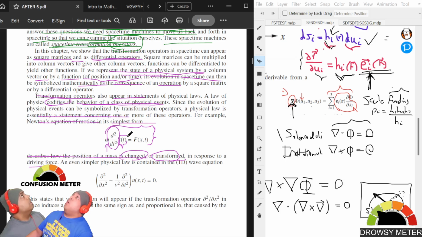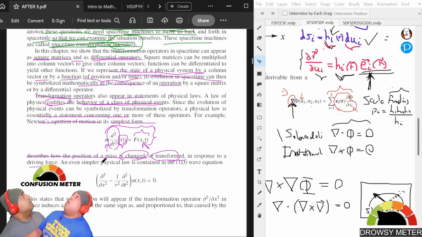So the position is changing because of this term; depending on the values inside here, it changes the position.